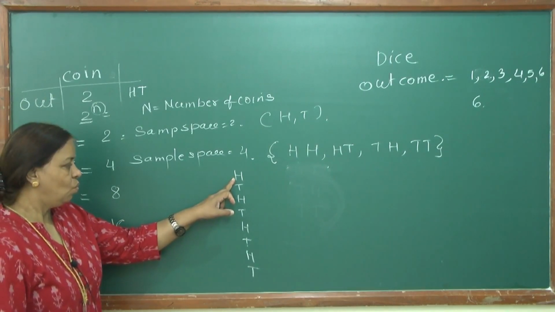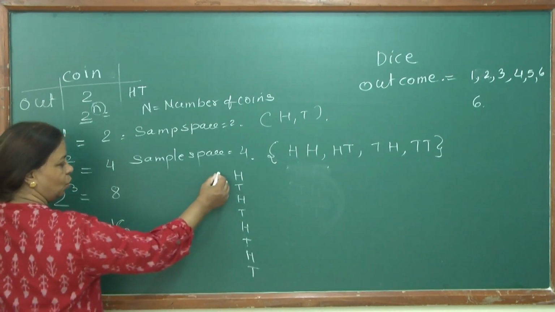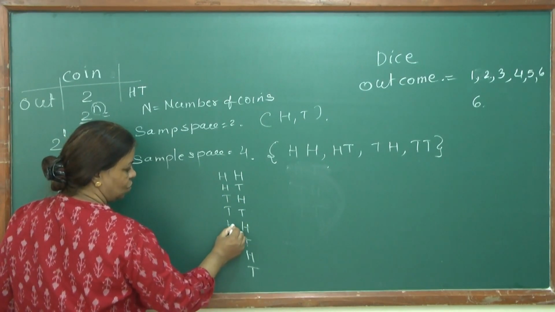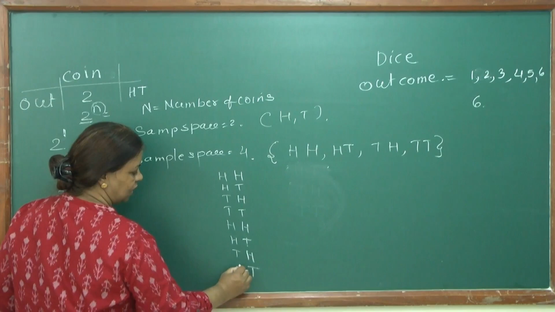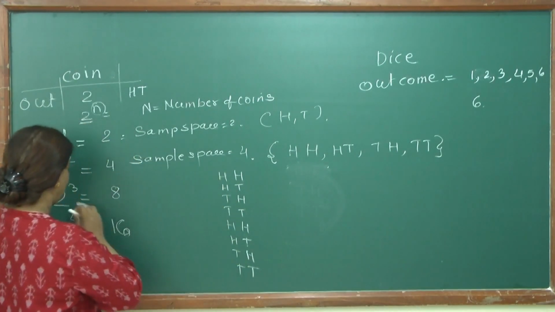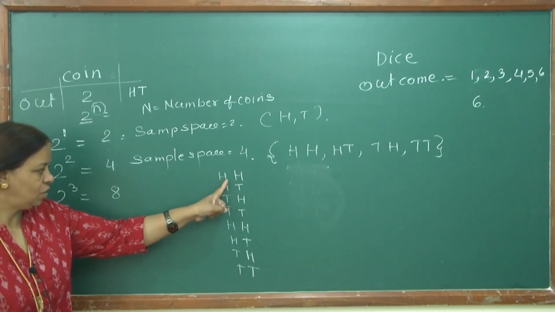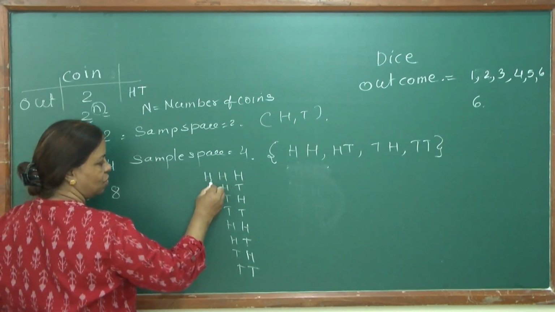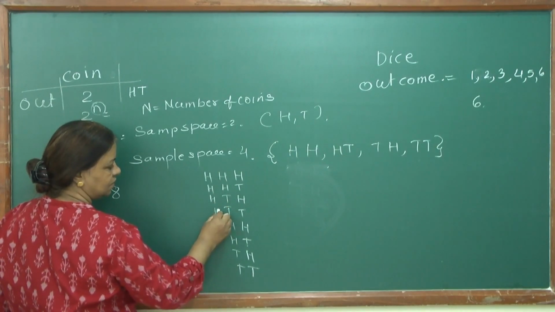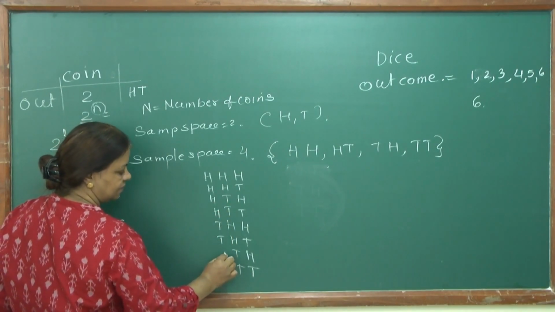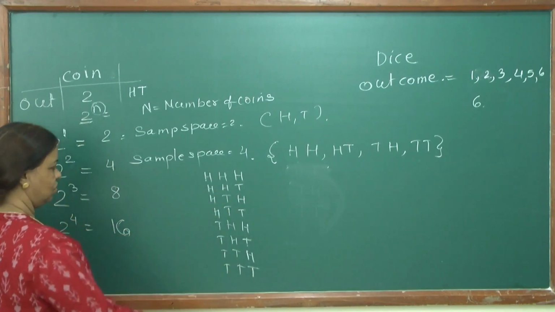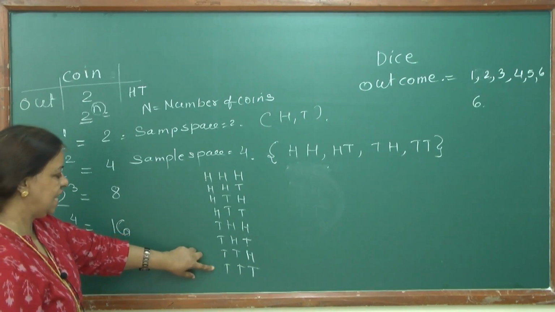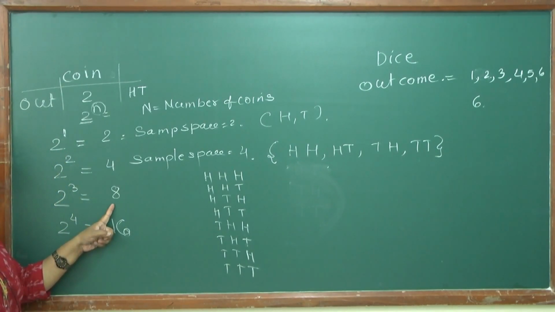Now 1 2s are 2, so 2 head, 2 tail, 2 head, 2 tail. Now it is 3 coins, so 1 2 3. So 2 2s are 4, 4 head and 4 tail. So this 1 2 3 4 5 6 7 8 when 3 coins are tossed.